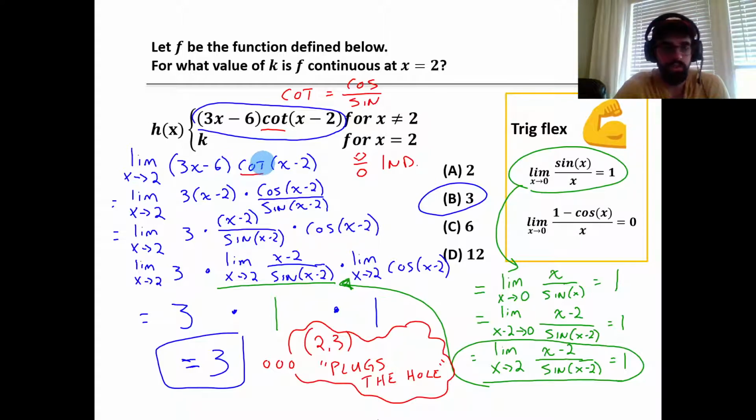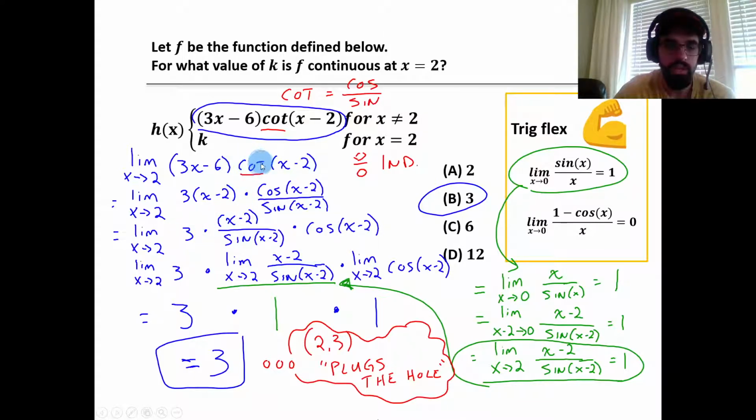What we're going to do is turn this cotangent into cosine over sine. And then we're going to grab this first trig limit that we're going to pound into our heads and not forget. And we're going to make this limit look like something similar to what we have over here. So we're just going to do some trig identity manipulation to make this work. So first off, in the green, we're going to make this thing look like this step right here.